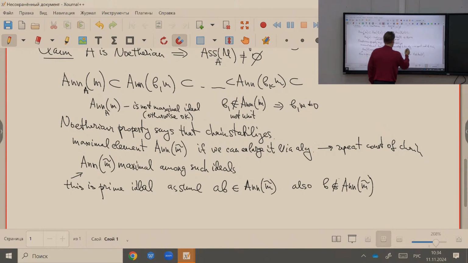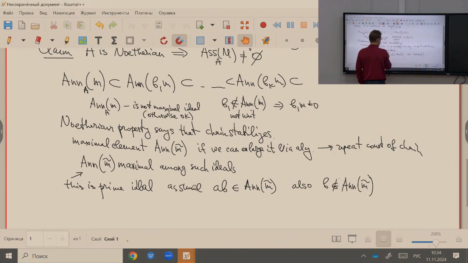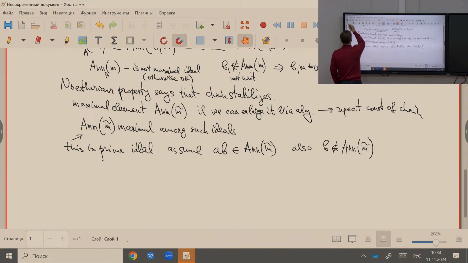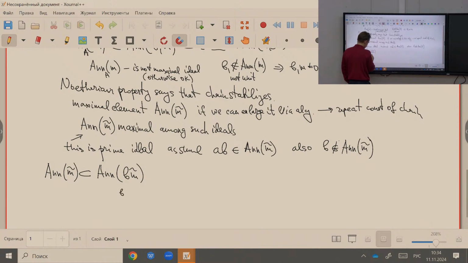Then by the previous assumption, we get that the annihilator of b times m tilde is larger than the annihilator of m tilde. Notice that b m tilde is not equal to 0, so this is a non-trivial ideal. So that means we have equality by maximality.